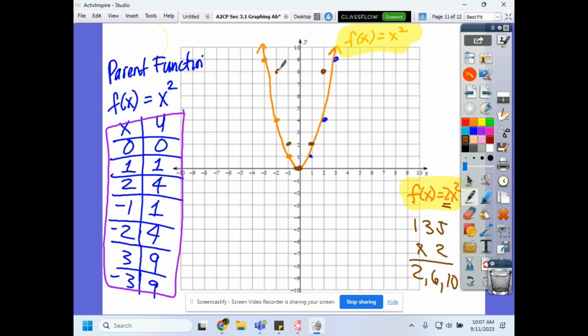Reflection. How will you compare the orange and the blue one here? It becomes narrower, right? As the value of a becomes bigger, the parabola becomes narrower. Can you see that? Yes or no? Yeah.